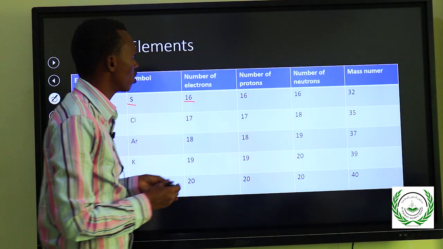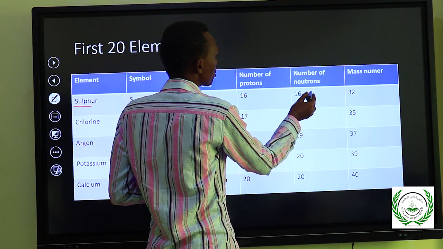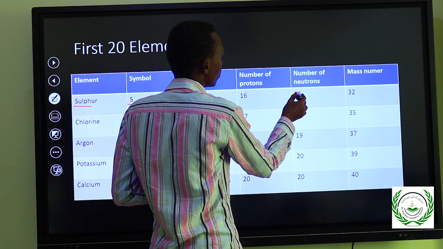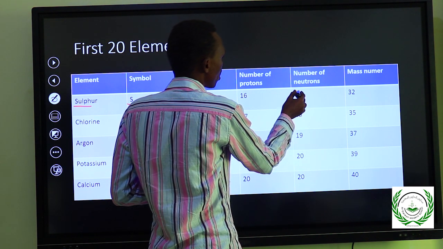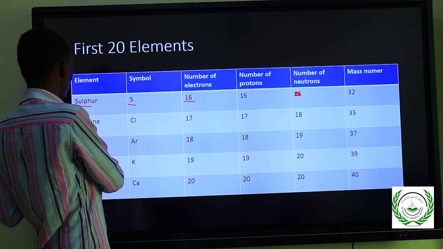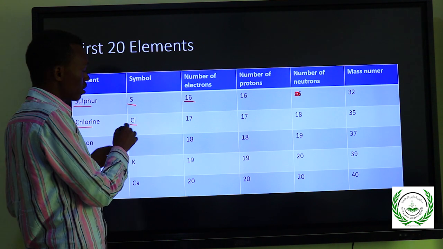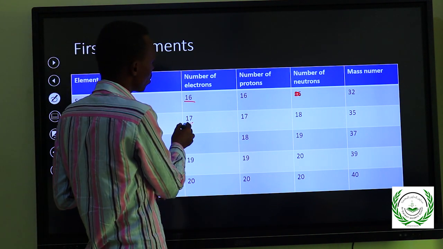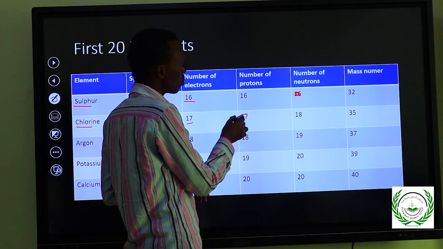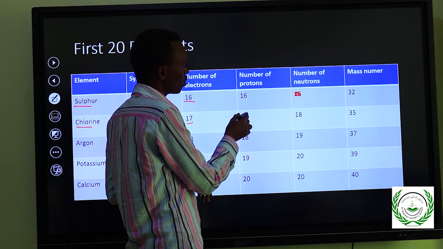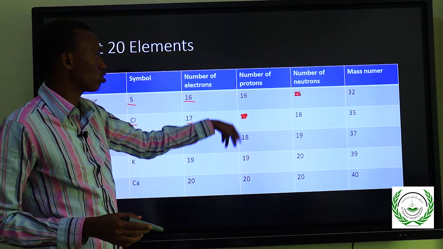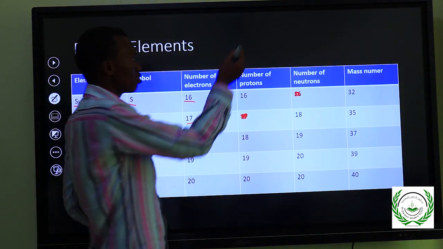Okay, so for example, if you don't have this, you should be able to calculate. Or for example, this is the chlorine, so Cl, this is the number of electrons, this is the number of protons. So for example, if you don't have the number of protons, also you should be able to calculate. If you don't have the number of electrons, protons, you should also calculate by using the same formula.